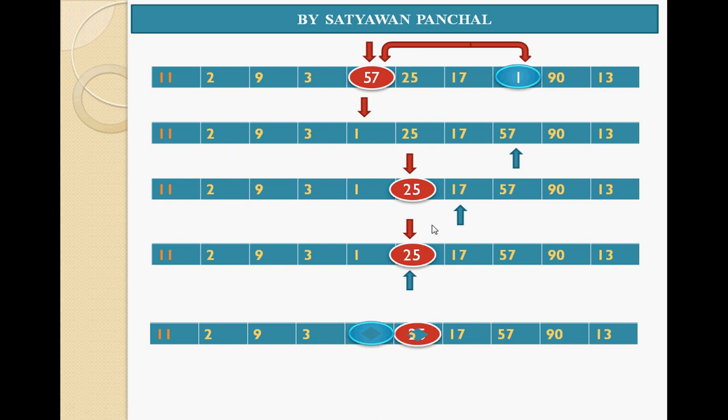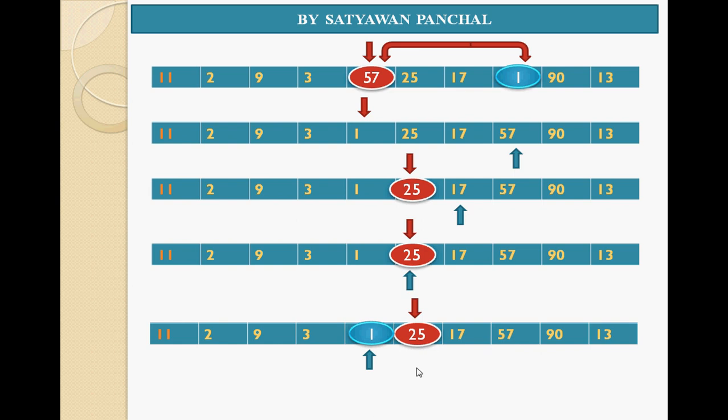Here on the right side we have already found 25 to be the greater element, but here my blue arrow is proceeding on the left side of the 25. There is no problem at all, but here we will not interchange the values. Which values? 1 and 25. Here my first iteration is going to be finished.